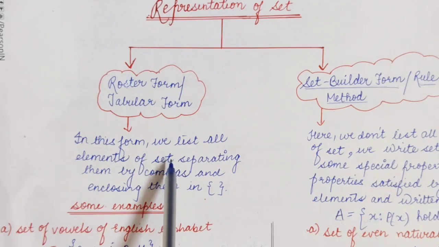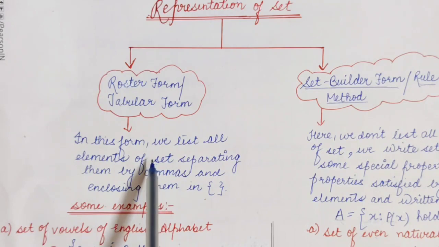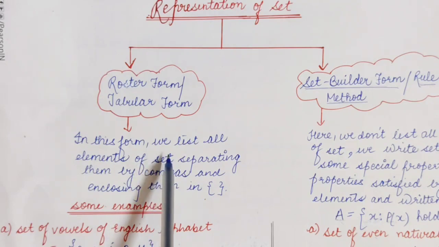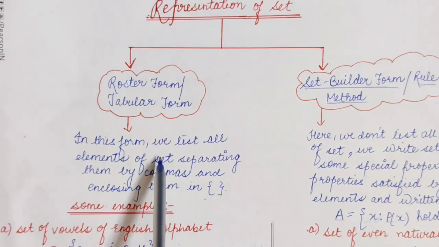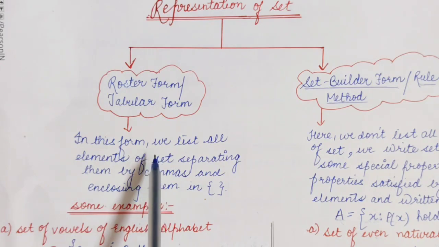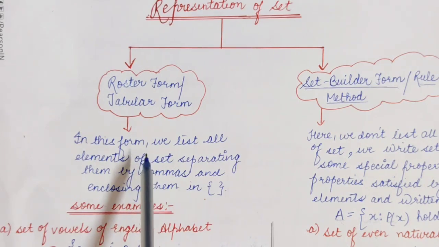Suppose there is a set and in that particular set 5 elements are supposed to come. First of all we will write all the 5 elements into the curly brackets, and our second work is we will separate each and every element by inserting commas. So in roster form or tabular form we do these two things.